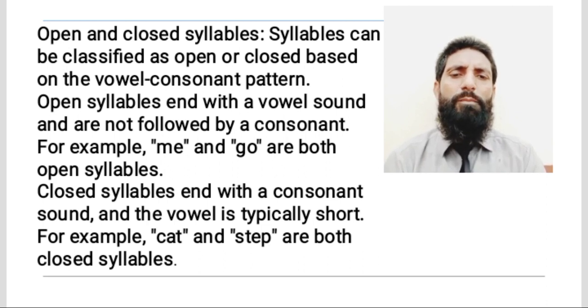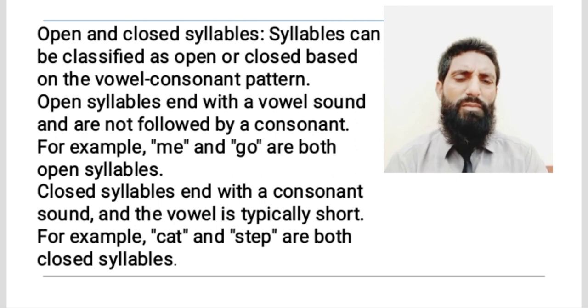In step, S and T are consonants, E is a vowel, and it ends with P, which is a consonant. So closed syllables end with a consonant sound, and the vowel is typically short in such words. Cat and step are both closed syllables.